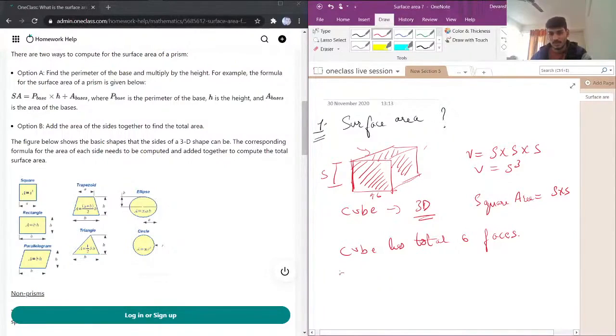So the area of the 6 faces will be 6 into the area of one face, which is a square. So the total surface area is 6 times S square for a cube.